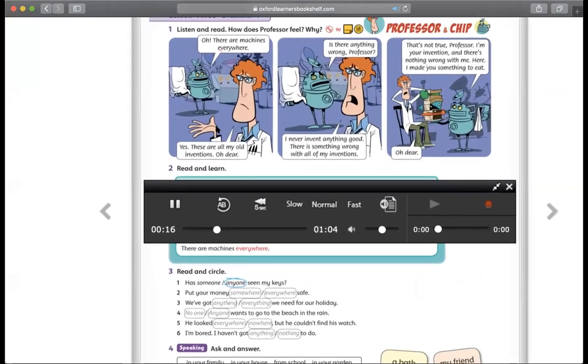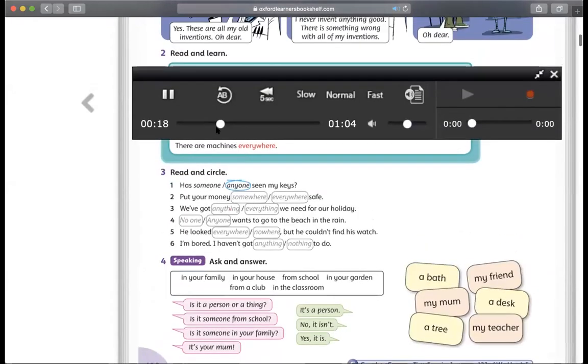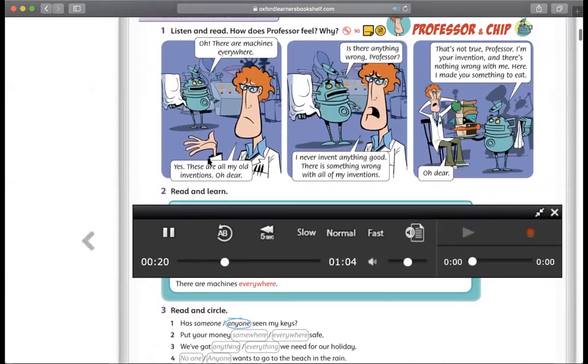Oh, there are machines everywhere. Yes, these are all my old inventions. Oh dear. Is there anything wrong, Professor? I never invent anything good.